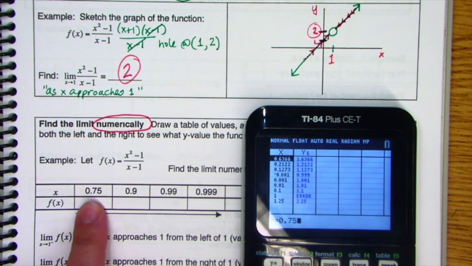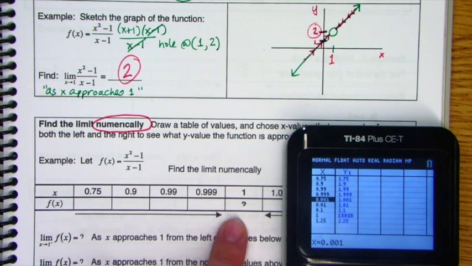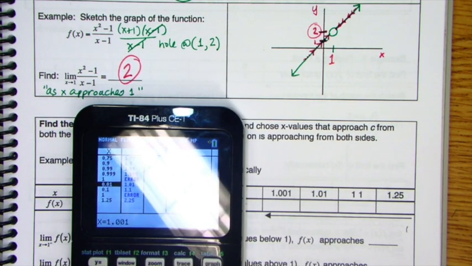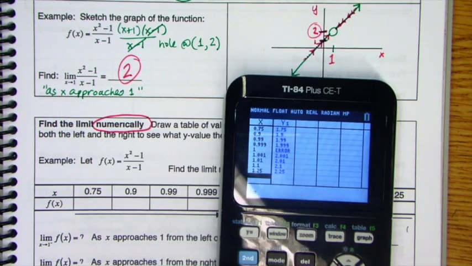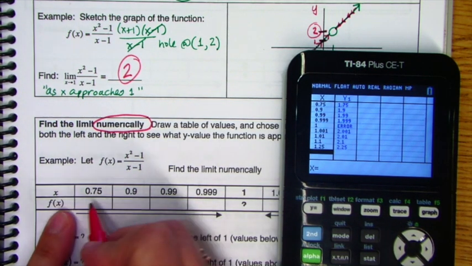So 0.75, 0.9, 0.99, 0.999. Next one is 1. Then I'm at 1.001, 1.01, 1.1, and 1.25. So again, I can type in any values I want here, and then I can get those y values, and I'll write them in my chart now.